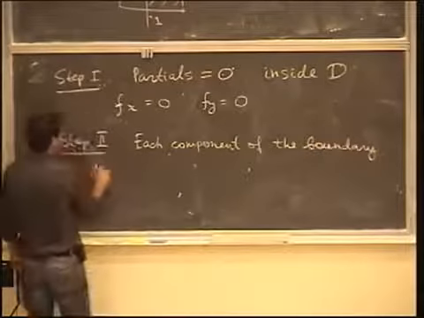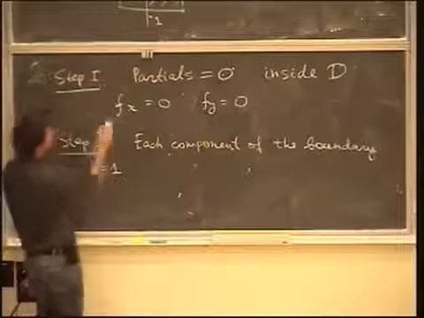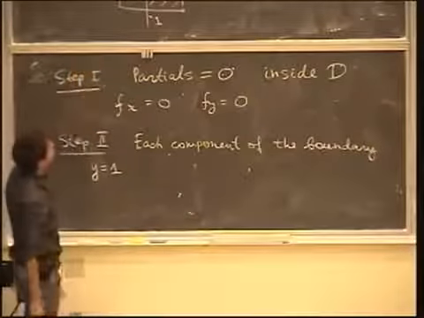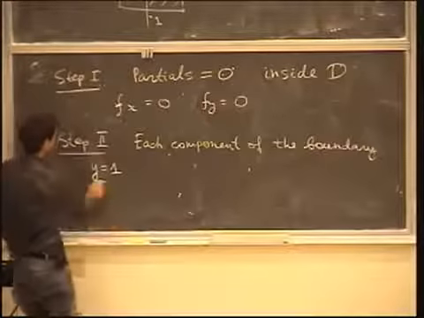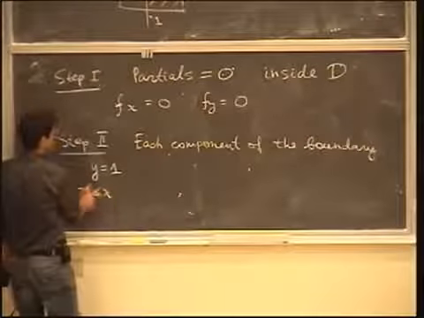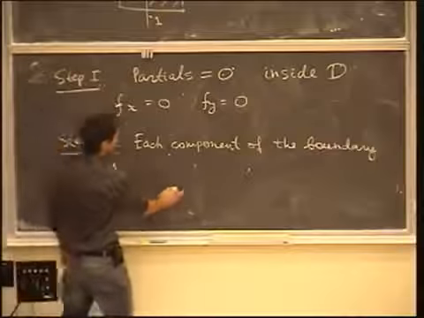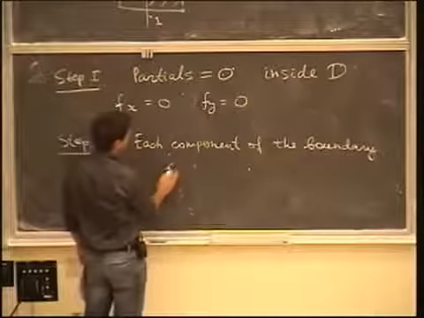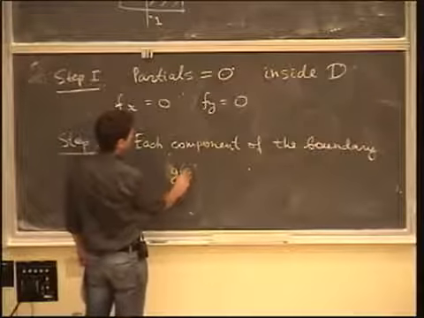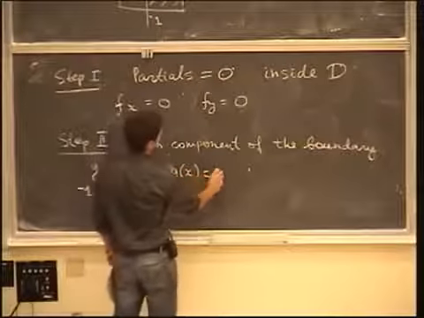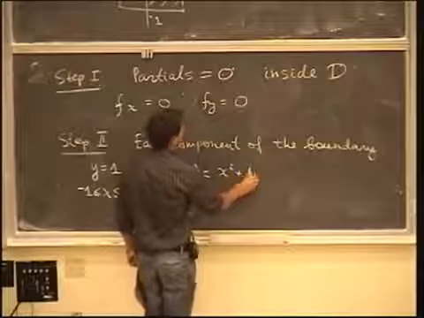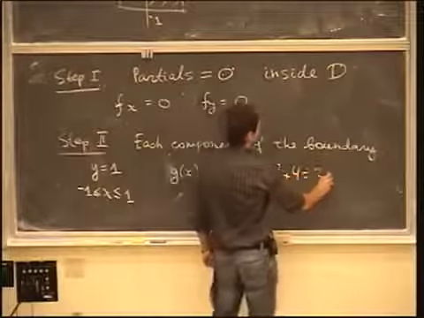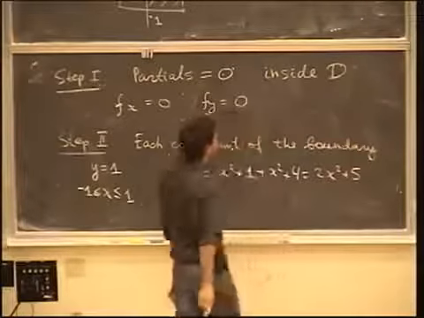Let's say we take the part of the boundary which is that top horizontal segment: y equals 1 and x between -1 and 1. When you set y equal 1 in the function, you get a new function, let's call it g of x, which is x squared plus 1 plus x squared plus 4, which is 2x squared plus 5.